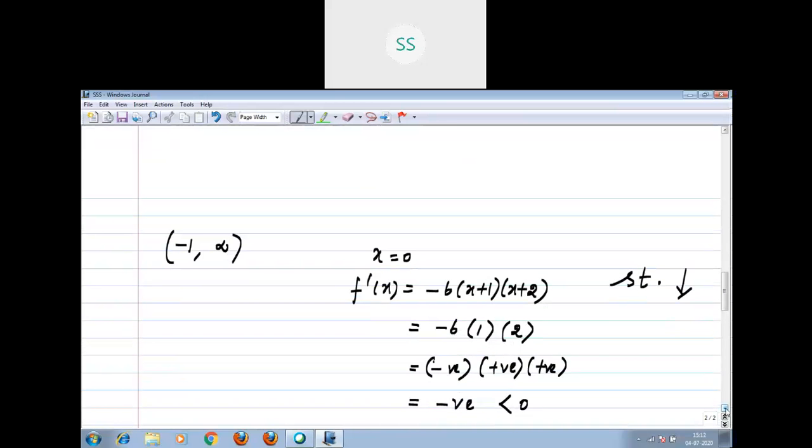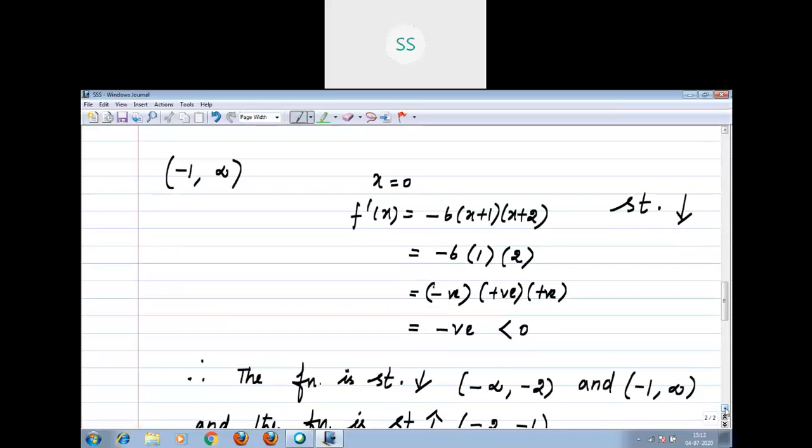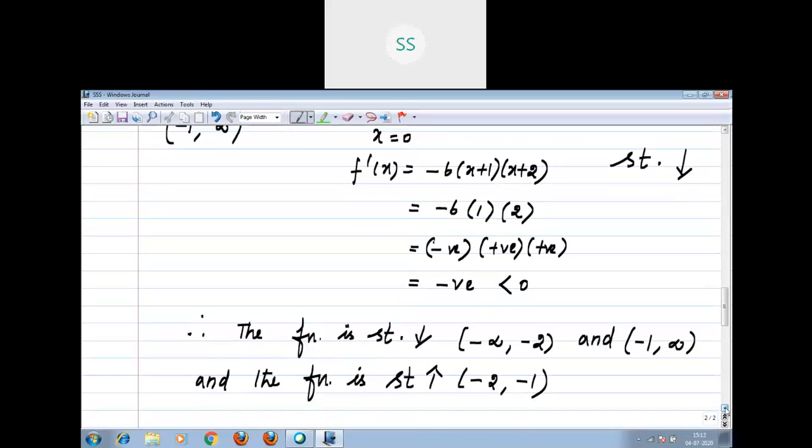Therefore, the nature of the function is strictly decreasing. In two intervals the function is strictly decreasing: minus infinity to minus 2 and minus 1 to infinity. And the function is strictly increasing in minus 2 comma minus 1. I hope you people understood, right?